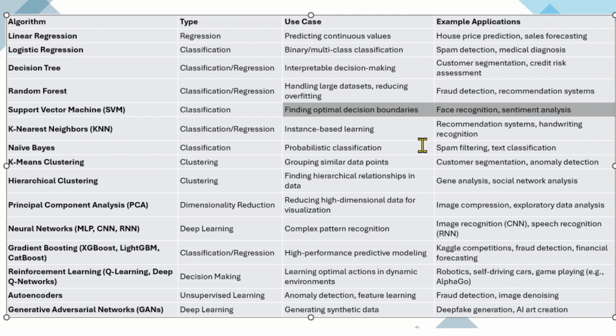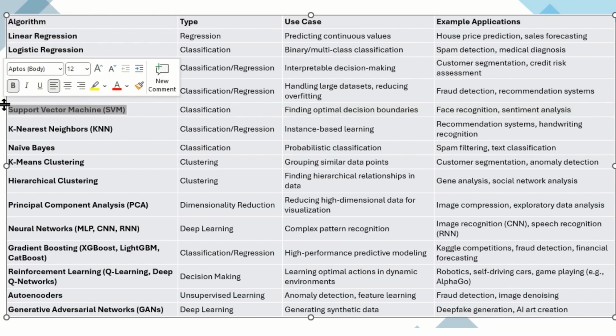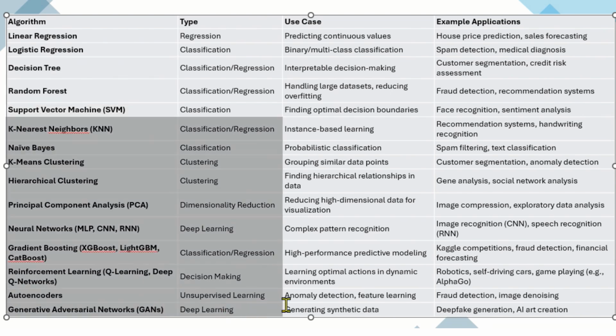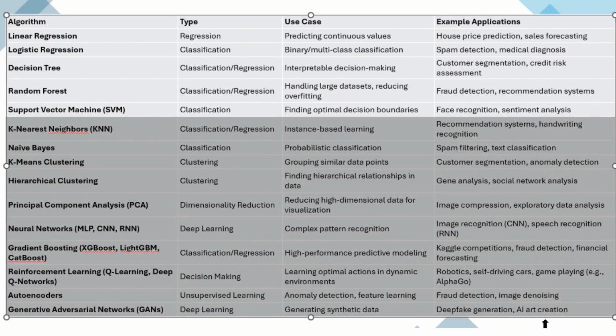So I'm going to do both logistic regression and SVM, and let's see what the differences are. The other algorithms I'm not going to explain, maybe in the next video if we have the time. So without further ado, let's begin.